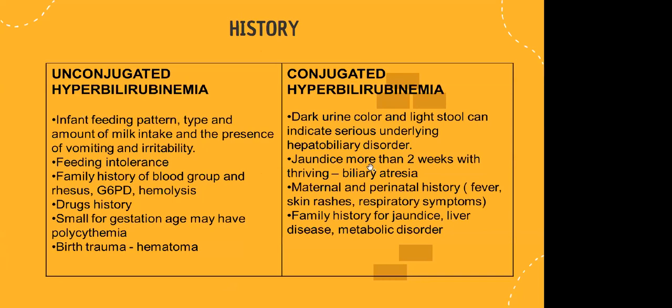Another way to determine whether the bilirubin is conjugated or unconjugated from the history: for unconjugated, we could ask about infant feeding pattern, feeding intolerance, family history of blood group and rhesus, G6PD, hemolysis, drug history, small gestational age, and also birth trauma. For conjugated hyperbilirubinemia, we could ask whether the patient presented with dark urine, clay colored stool, jaundice more than 2 weeks, the prolonged jaundice, maternal and perinatal history, and family history of jaundice, liver disease, and metabolic disorder.